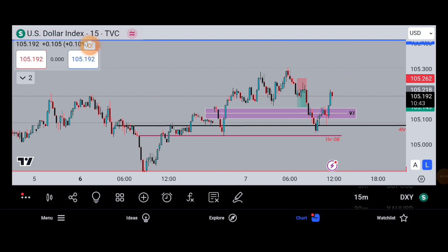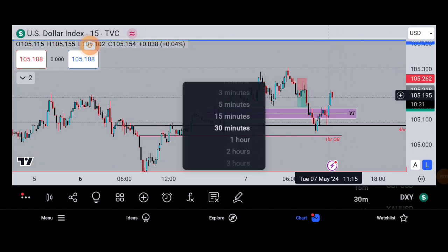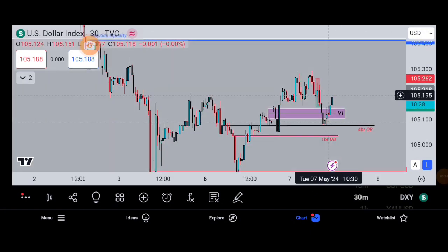So over here, as you can remember, this is the reaction I wanted to see of this volume imbalance. Then we have this expansion, then we can see how price currently is printing out, right? And I'm expecting higher prices to this level.